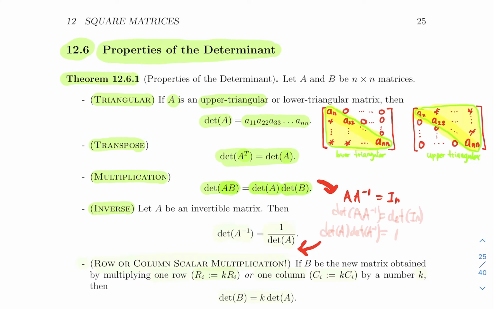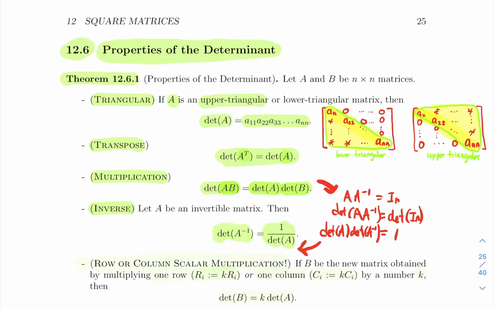So if you compute the determinant of A times A inverse, it's going to be the same as the determinant of I_n. Because we know the determinant of I_n is 1, we just get 1. And by using the product property, we know that the determinant of A times the determinant of the inverse is going to be 1. So if you isolate the determinant of A inverse, you get your formula that the determinant of the inverse is 1 over the determinant of A.